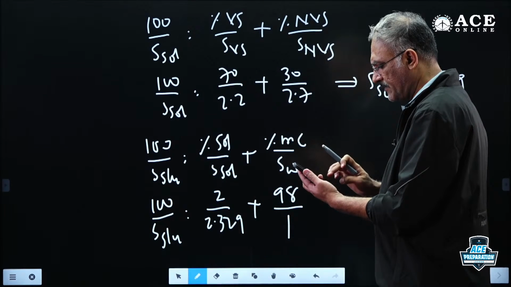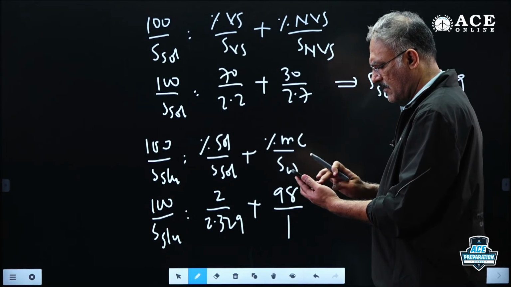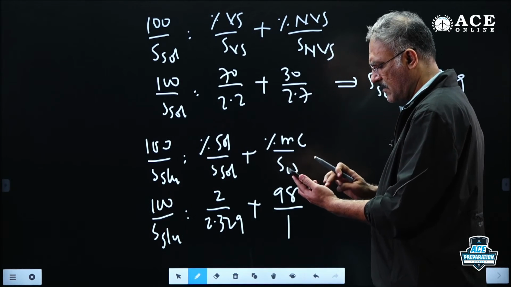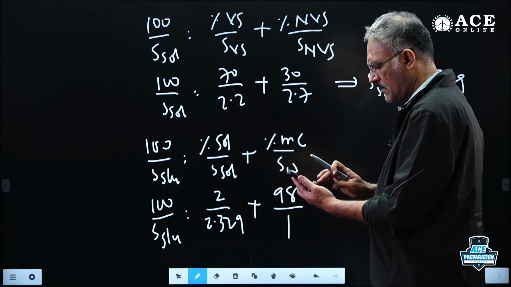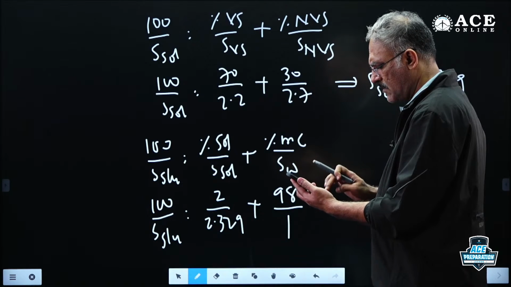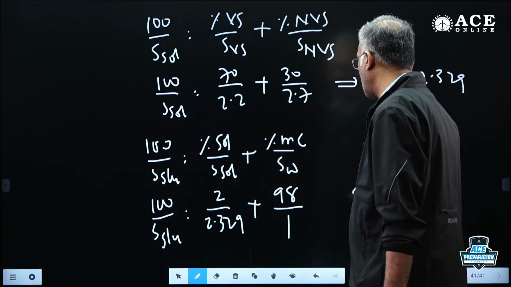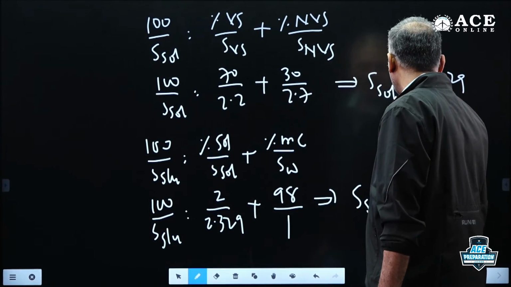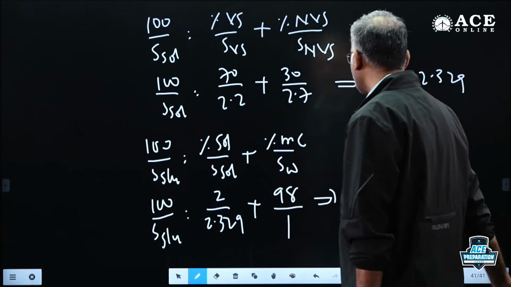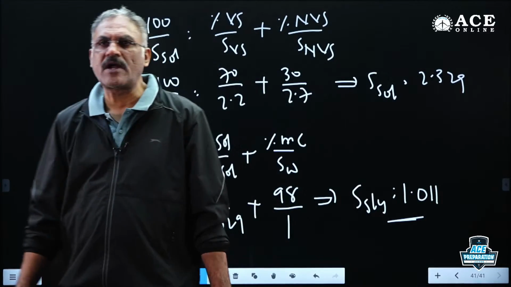So 2 by 2.329 plus 98 by 1 gives, I remember the value, 1.001. We solved this question in the class also. The specific gravity of sludge is 1.001.